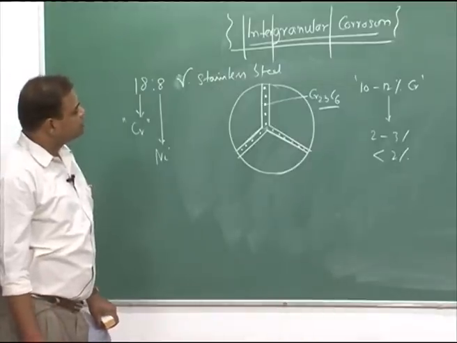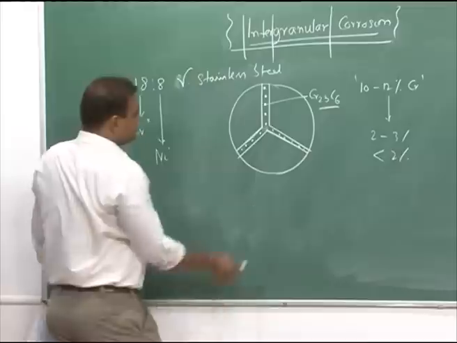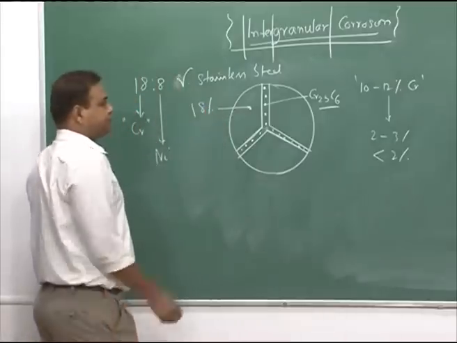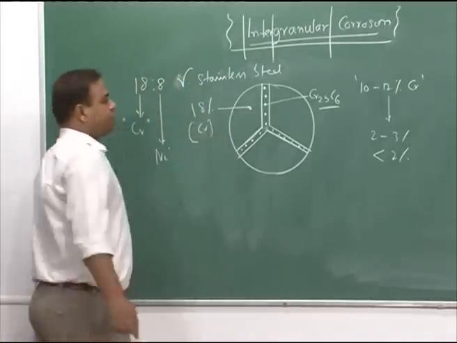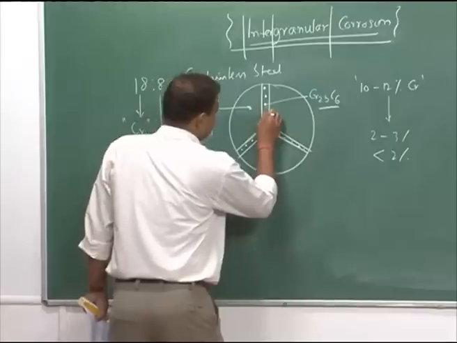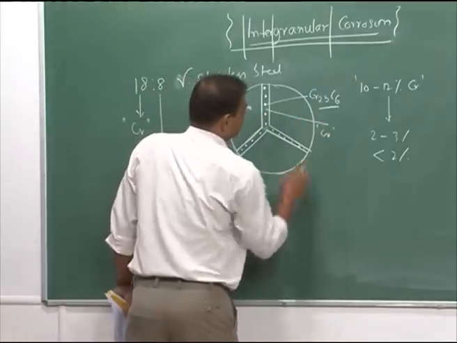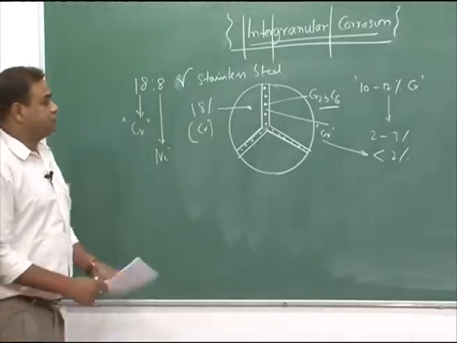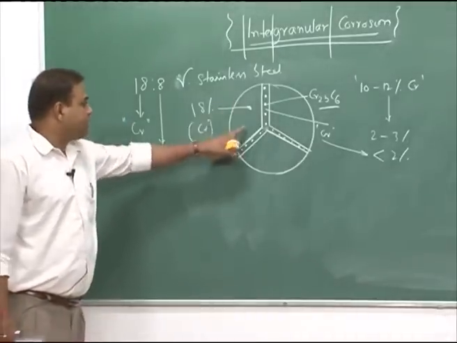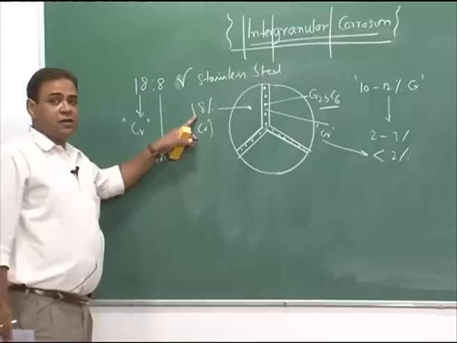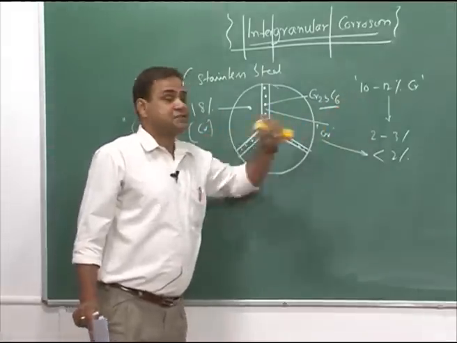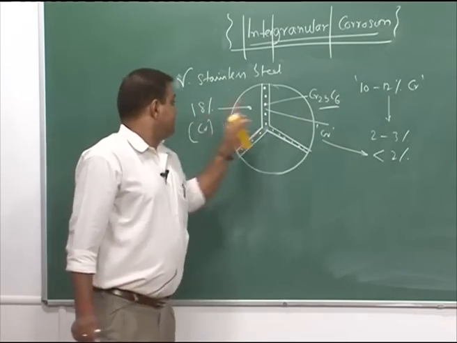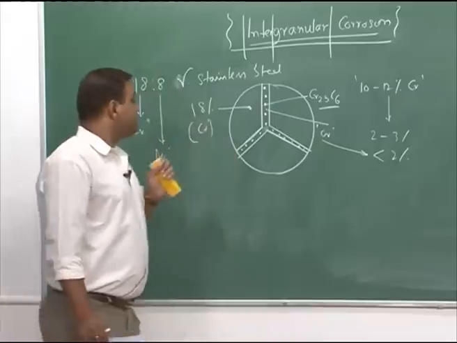Now, if you do composition analysis, we will see that in this section the chromium content is still 18%, but in this section the chromium content can go to less than 2%. So, in the body part we still have 18% chromium, which is more than the 10 to 12% required for the stainless property.